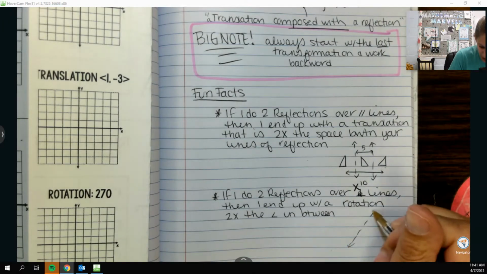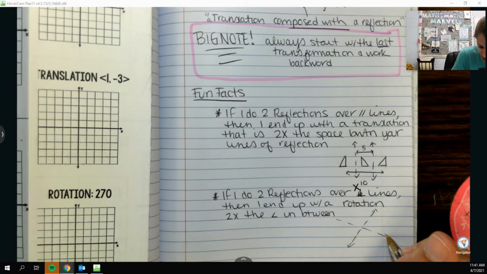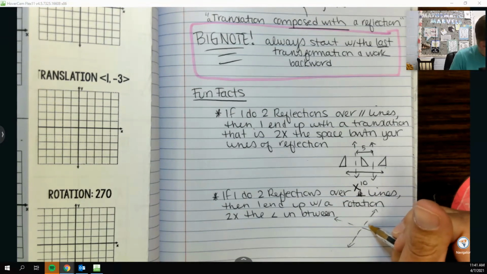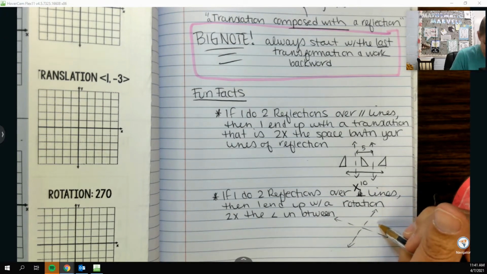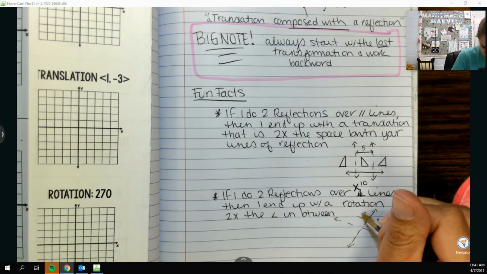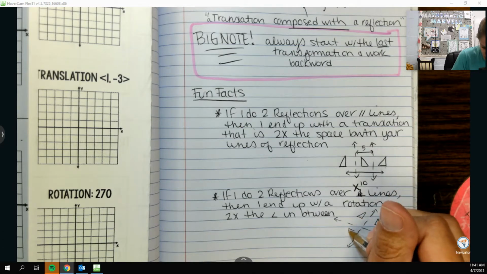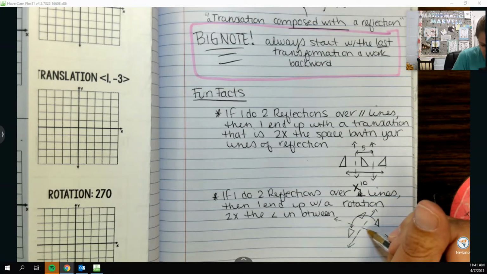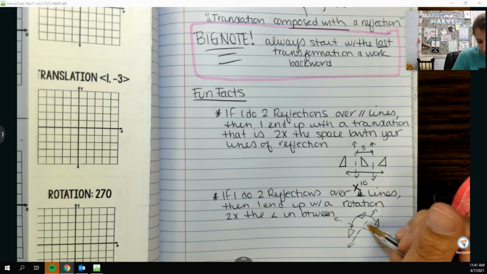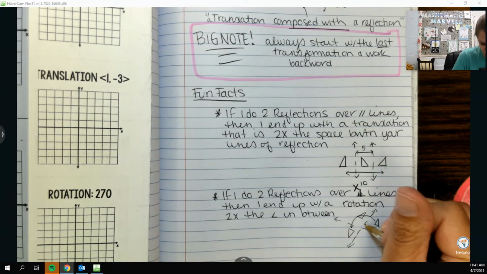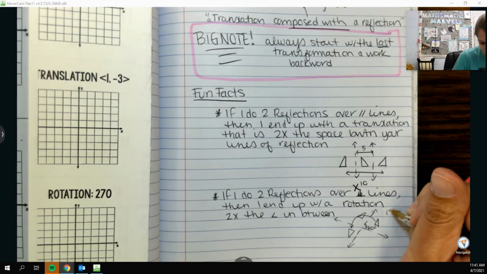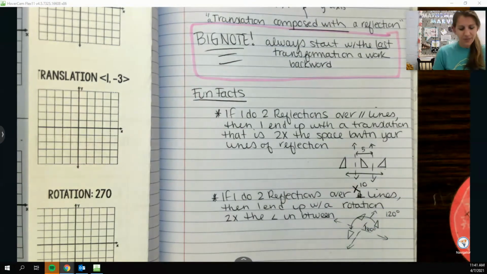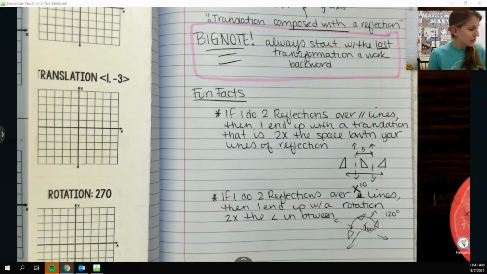So if I have a line here and then a line here, and I start with an image right here, and I reflect, and I reflect, this total thing here is like a rotation of double the angle in between. So again, if this was something like 60 degrees, then it's a rotation of 120 degrees. So that's super cute and fun.